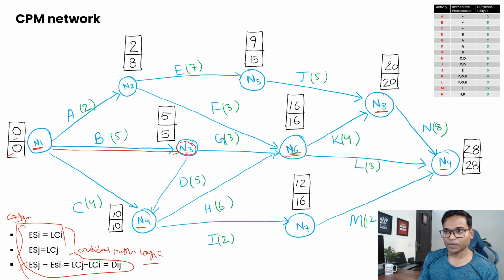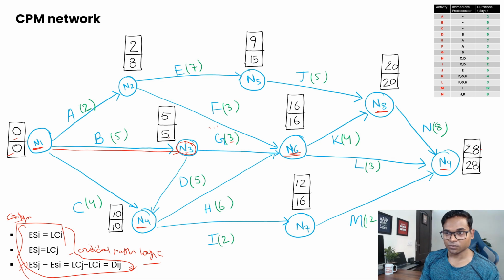Then from node 3 you can go directly to n6 or n5, right? But if you try this logic for n3 to n6, which is 16 minus 5, which is 11, but your duration is 3, so 11 is not equal to 3, it means this is not going to be your critical path.